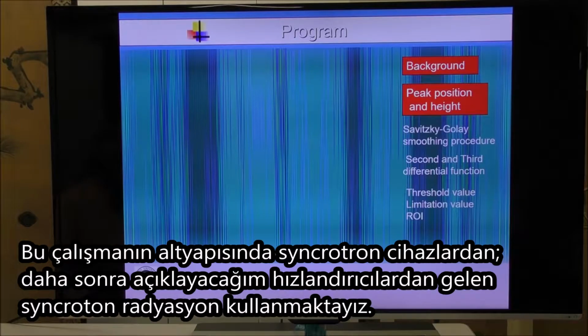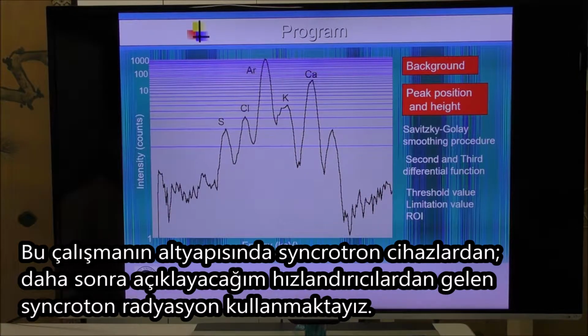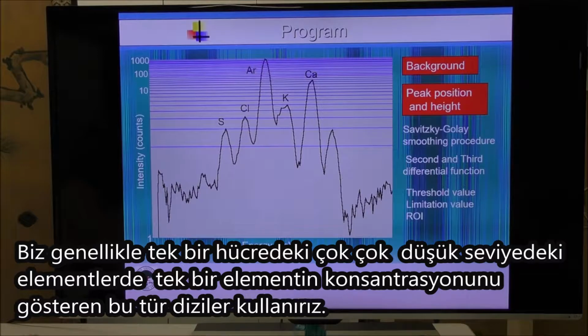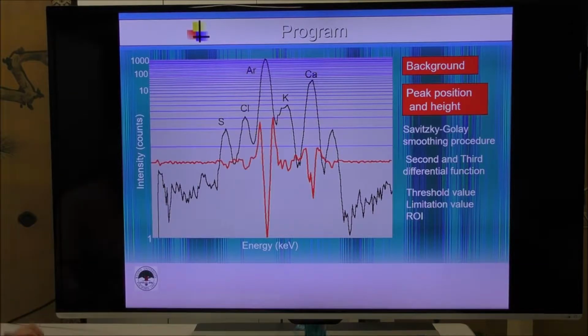The background of this talk is that we're using synchrotron radiation from the synchrotron devices, accelerators that I will explain later. We usually get this kind of spectra which shows the concentration of elements in a single cell. Very, very low level of elements in a single cell.